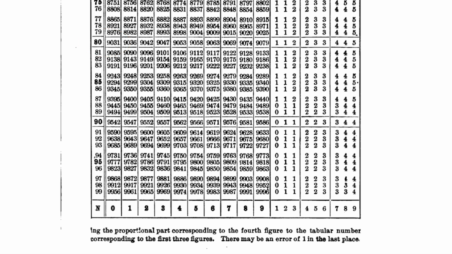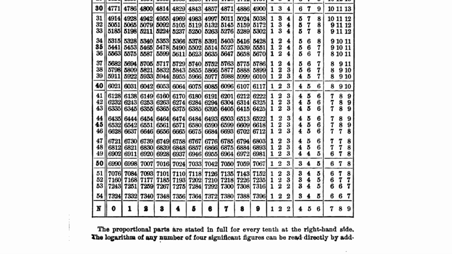Now I have to go to my other page, which shows my second natural number, which is 4, right there. Once again, I go to this row, which is the 4, that column, which is the 0, and the intersection of that column 0 with that row 4 yields my second logarithm.